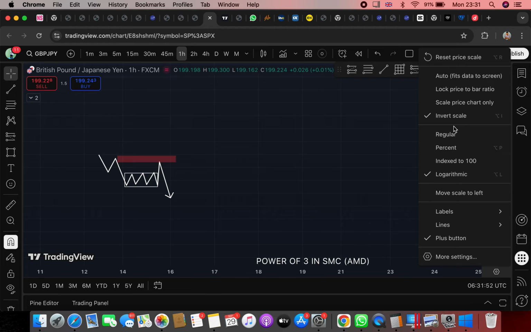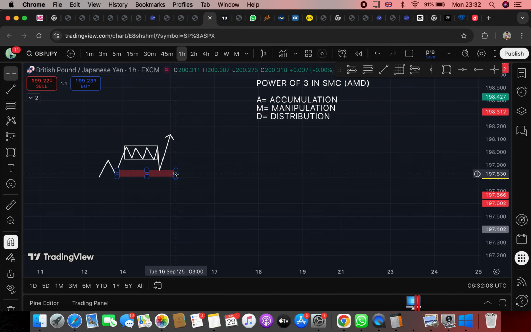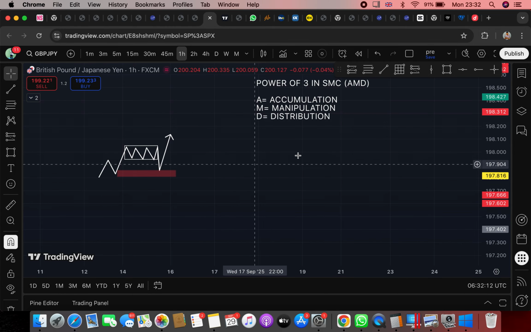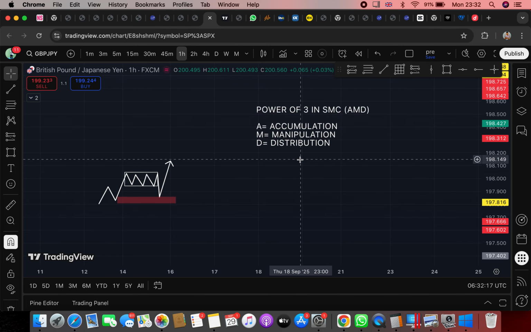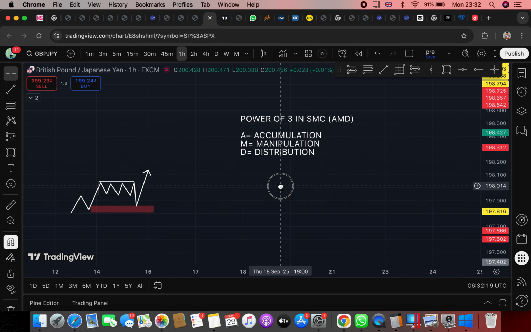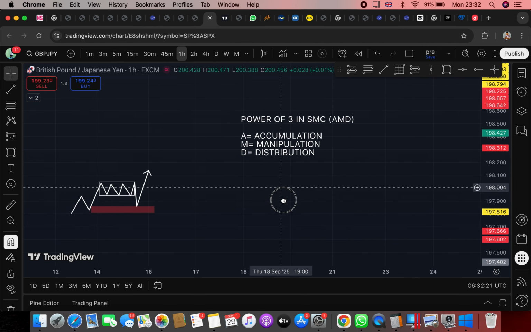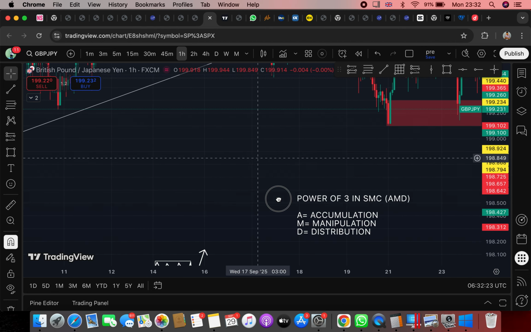But if it's in a downtrend, you have to wait for the market to manipulate to the protected lower high before you can take your trade. So let's just go to some examples from the chart. I think I have one here.